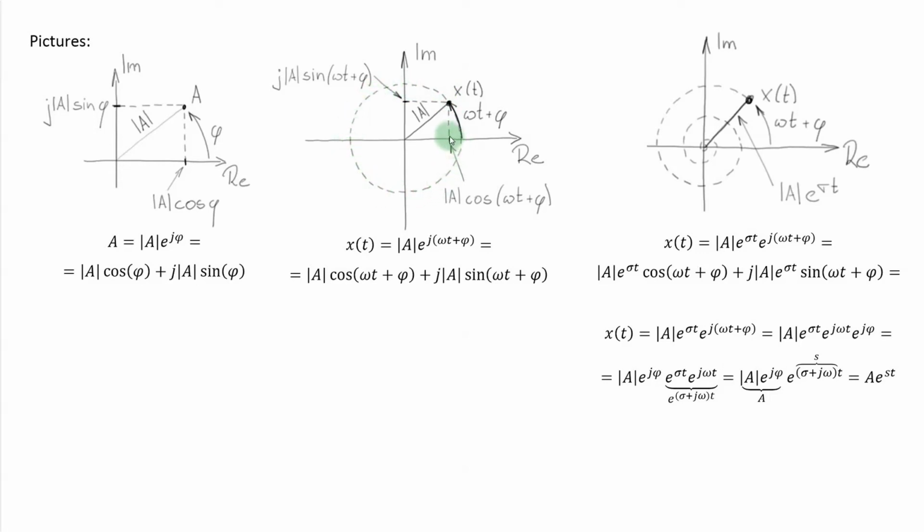And when I want to express the real part of my signal, I can write it like this. It's the magnitude times the cosine of omega t plus phi. And when I want to express the imaginary part of my signal, I can write it as j times the magnitude times the sine of omega t plus phi.